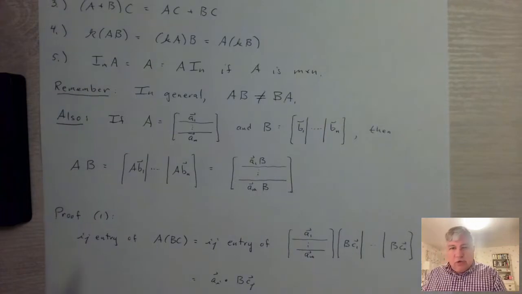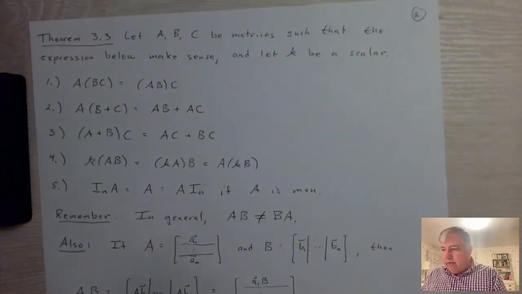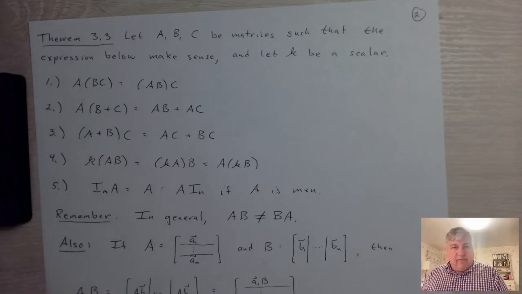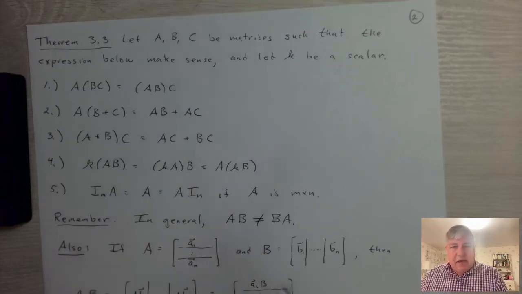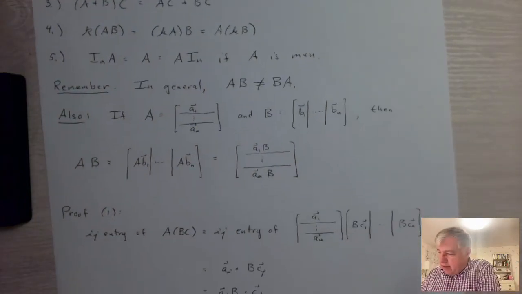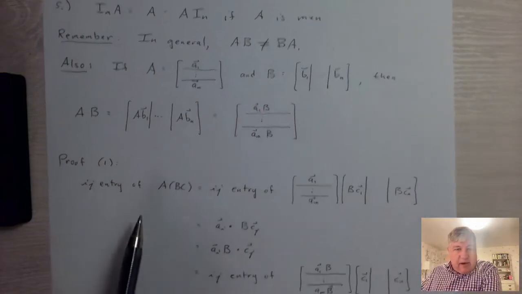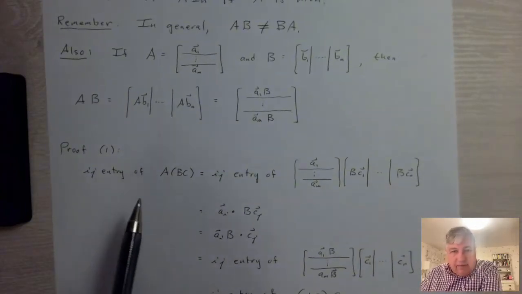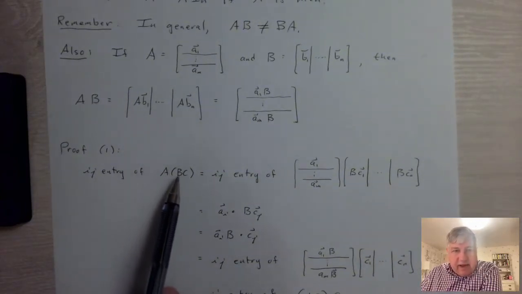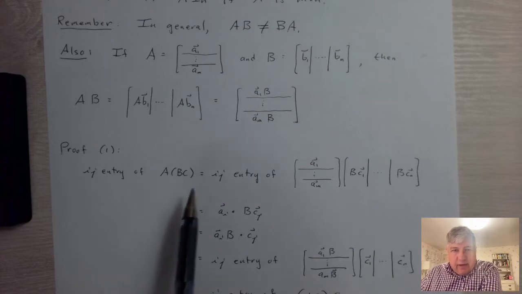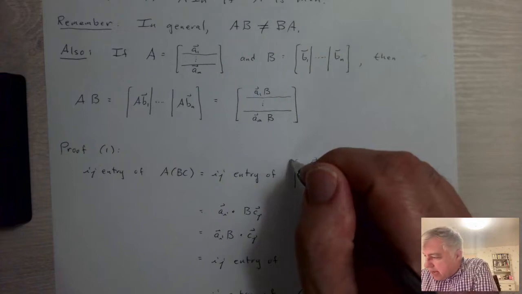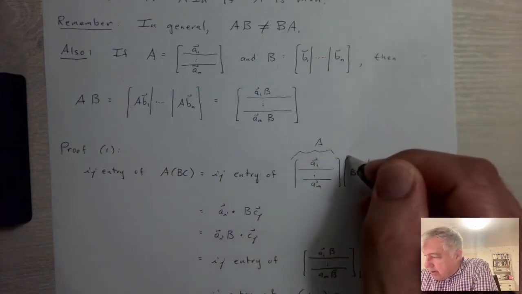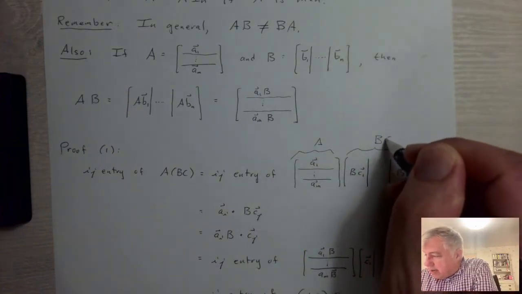All right. So just to see a proof of these, again they can all be done by showing that the ij entry on one side is equal to the ij entry of the other. In this case, we have that the ij entry of A times BC is equal to, well, this would be A, and this would be BC.